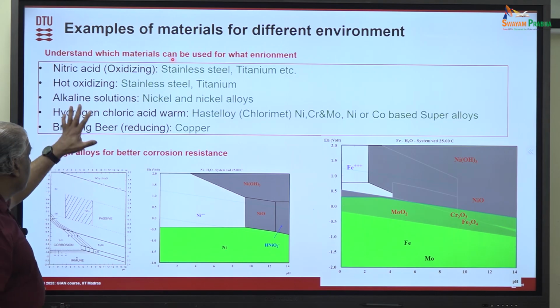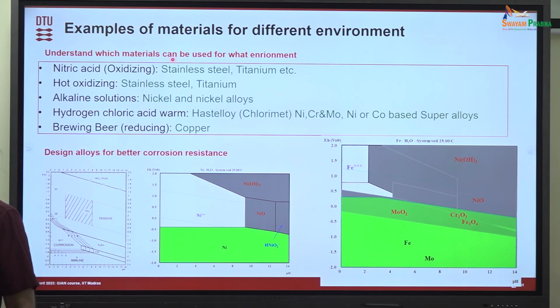Like nitric acid and hot oxidizing conditions like sulfuric acid, stainless steel and titanium are useful because those are passive metals, which form a very stable passive film in oxidizing conditions. So that's a general rule of thumb.